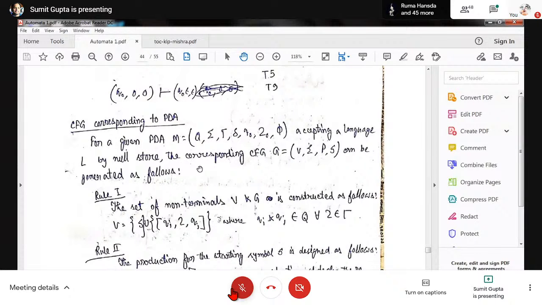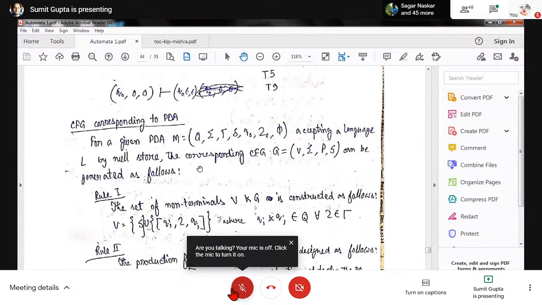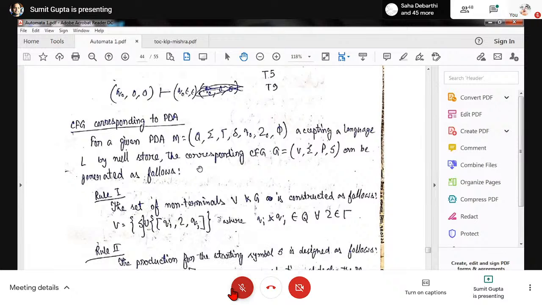for all Z belonging to gamma. Now Z we know is a part of gamma. Correct now? So we have to do the union operation with S so as to create the capital V at the end. This is the first rule.